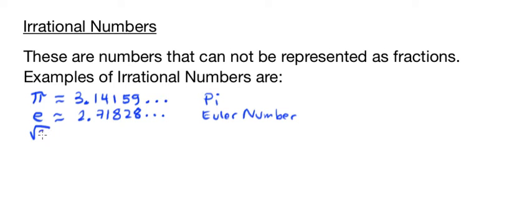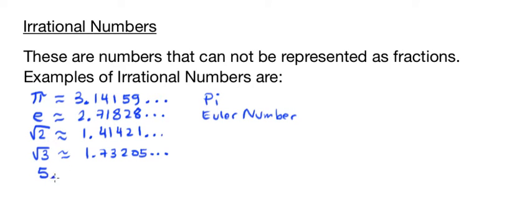Next, we can see that the square root of 2 when computed is equal to 1.41421 dot dot dot. Again, non-terminating, non-repeating. The square root of 3 is approximately equal to 1.73205 dot dot dot, non-terminating, non-repeating. So this is an irrational number.